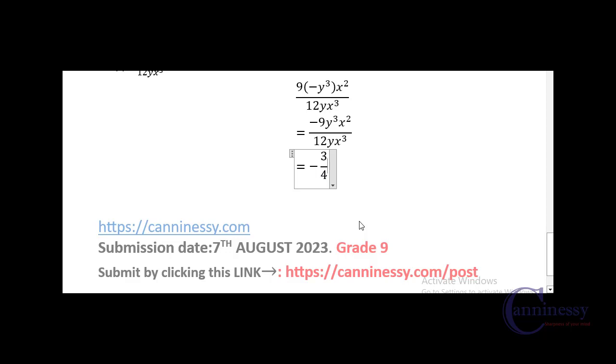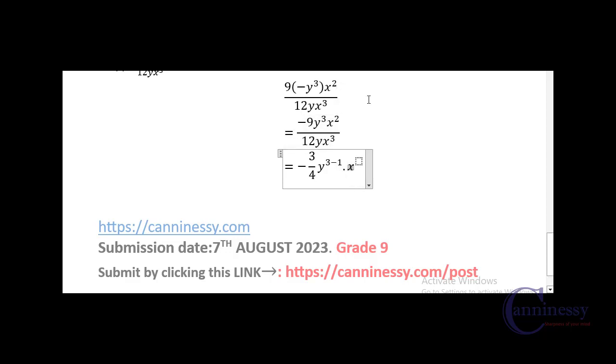Now let's go to variables. For variables we have y. Remember, when the base is the same, we take a single base, we have y to the exponent 3 minus 1, right, multiplied by x to the exponent 2 minus 3.